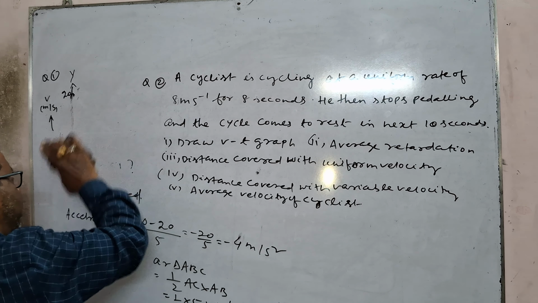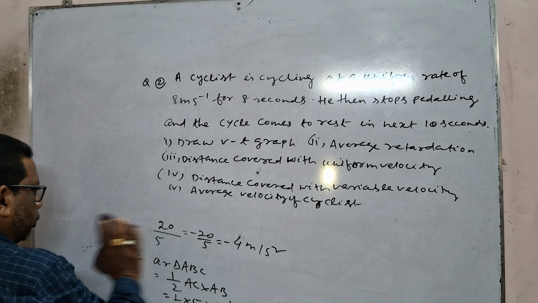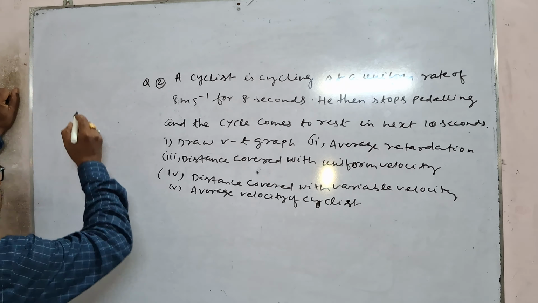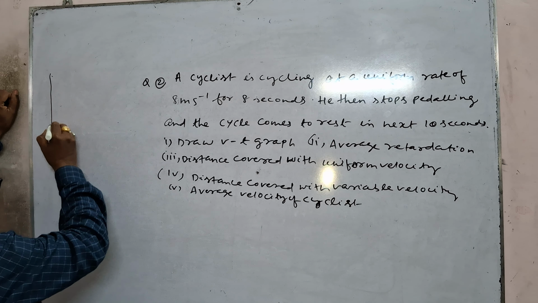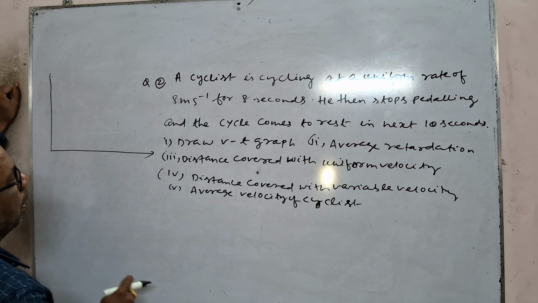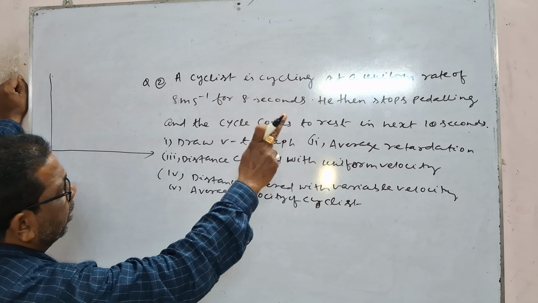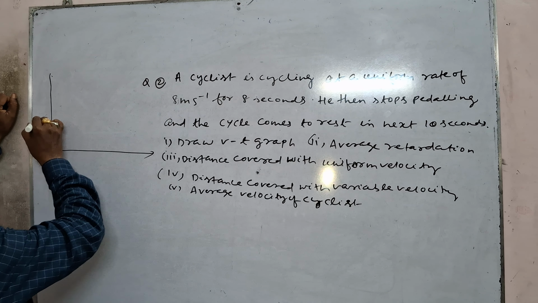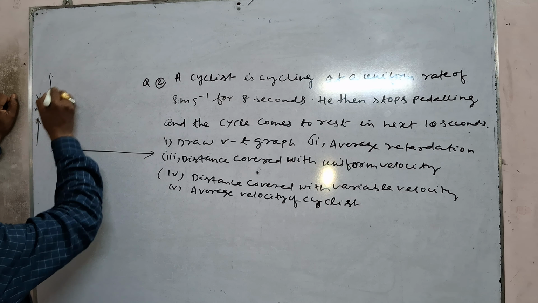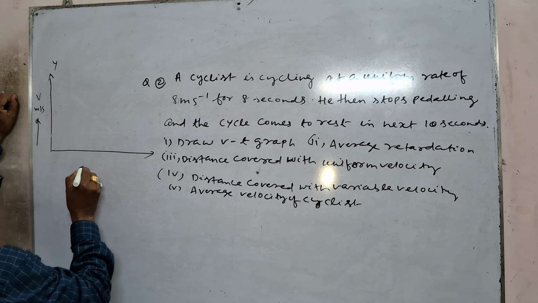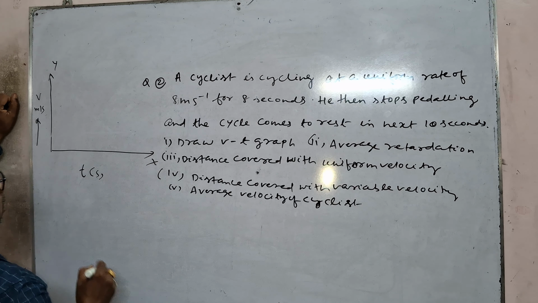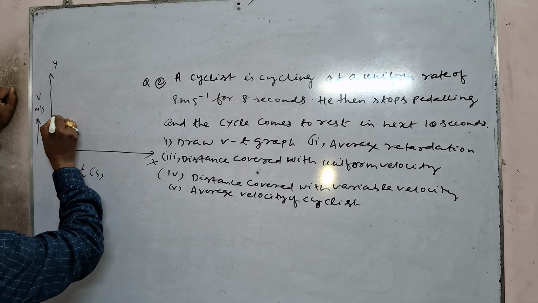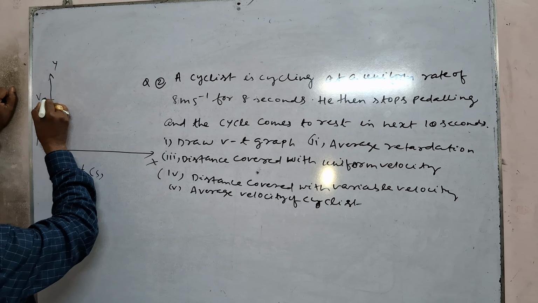Now I will erase the first one. First of all, we will draw the graph. We will take velocity in meter per second along the y-axis and time in seconds along the x-axis. Velocity marks: 2 meter per second, 4, 6, and 8 meter per second.